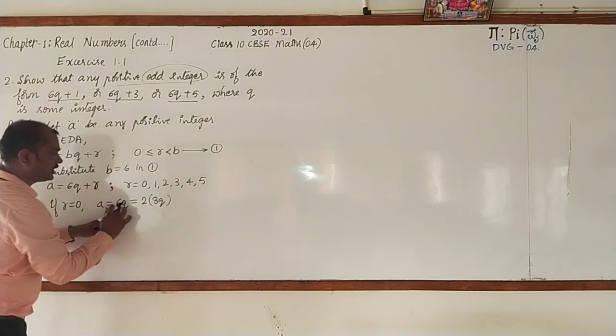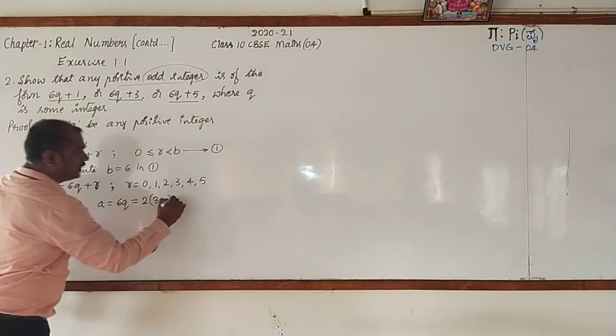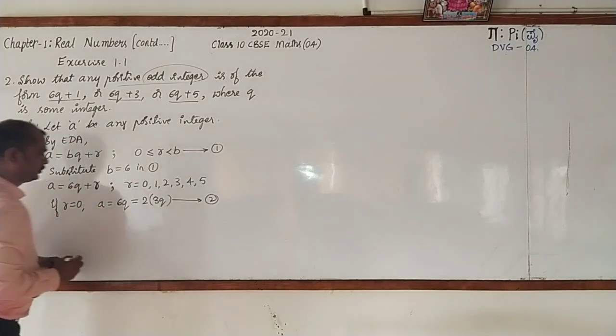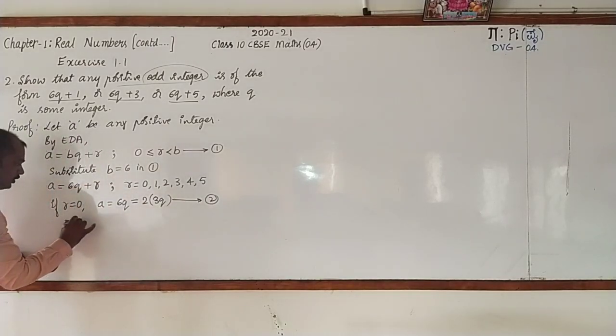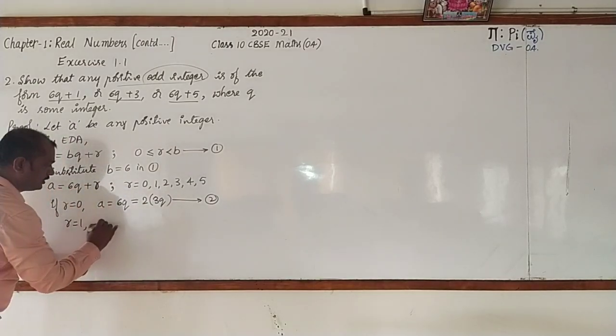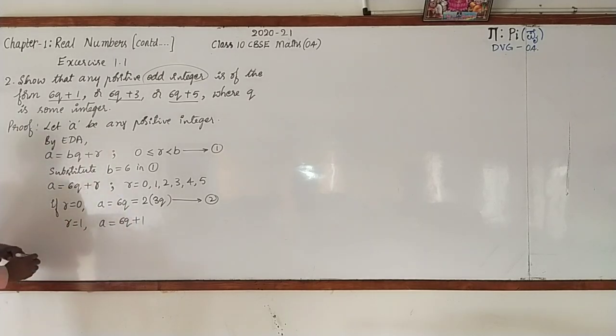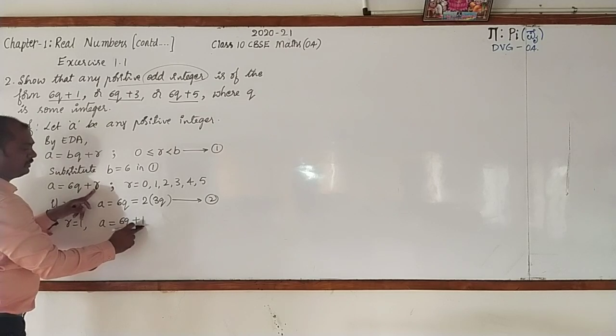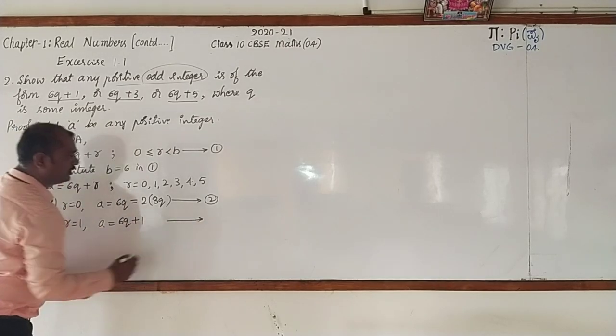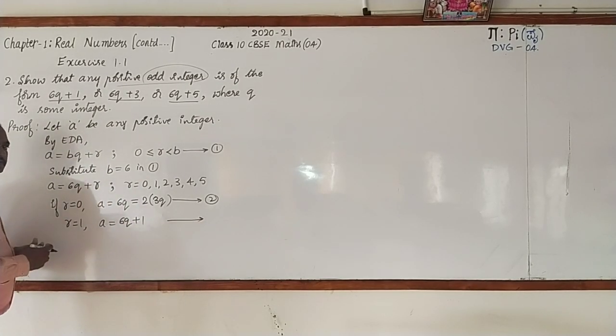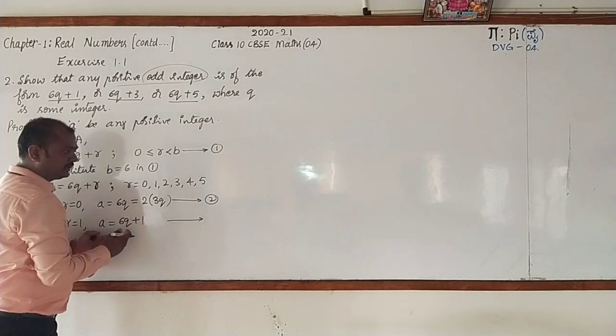Yes, 2 3s are 6. Call this statement as 2. If r equal to 1, then a equal to 6q plus 1. In place of r, we have written 1. Then it cannot be simplified further. I have kept it as it is.